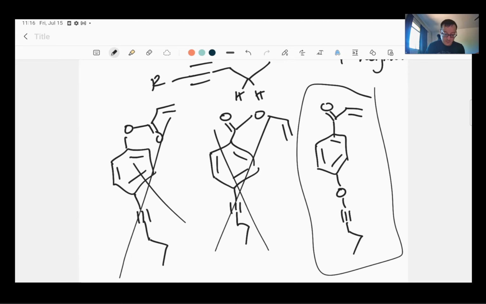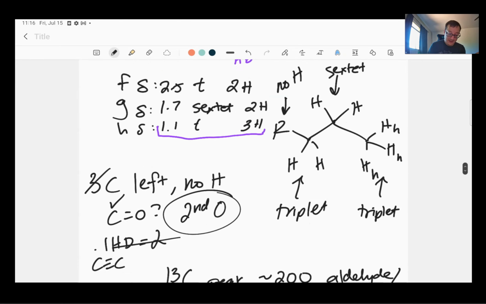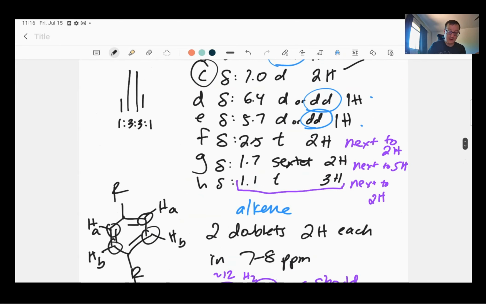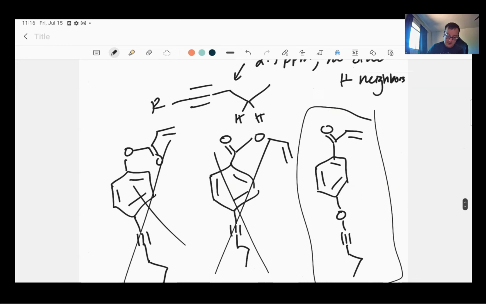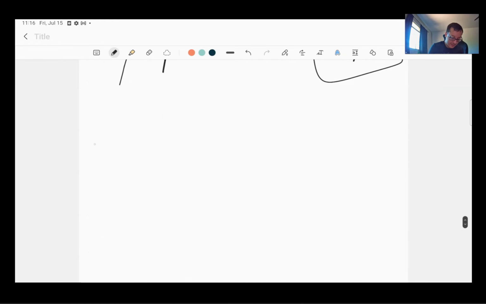We should correlate all these A through H peaks with our NMR as a way of double-checking, as well as showing me the work that you've put into this. So let's take our structure, massive structure it is. I'm going to draw it on the side because that's going to be easier.